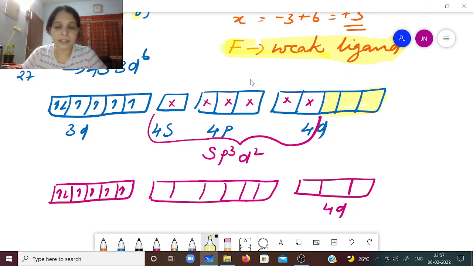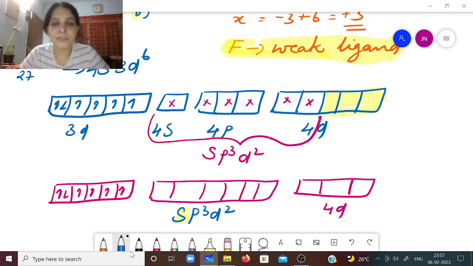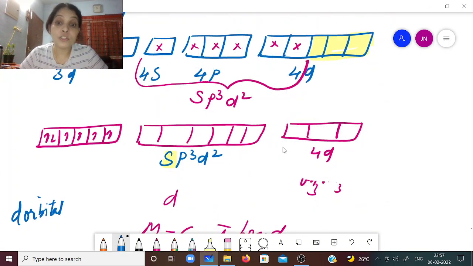The middle 6 orbitals are sp3d2 hybridized, to which fluorine will donate electrons, and there will be a bond formation, which is a coordinate bond.